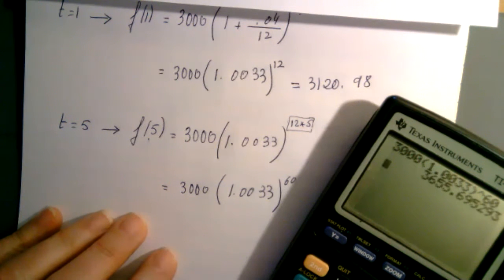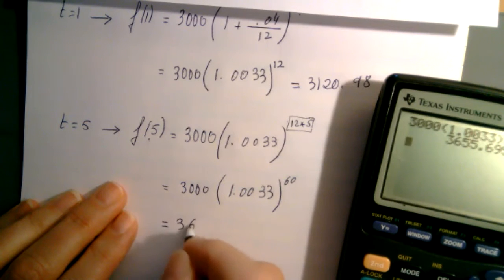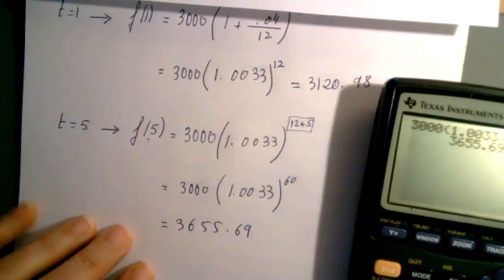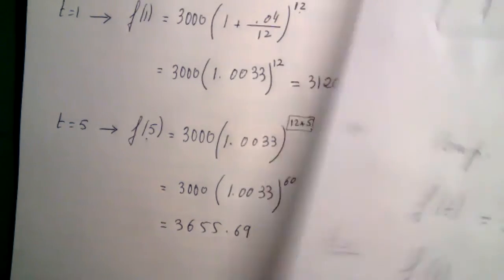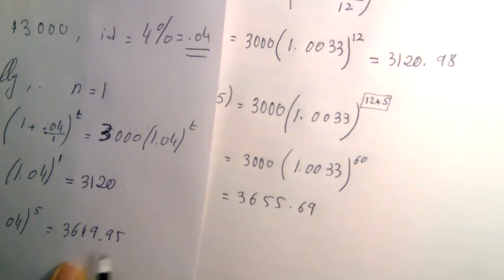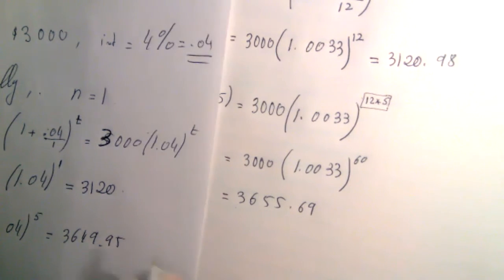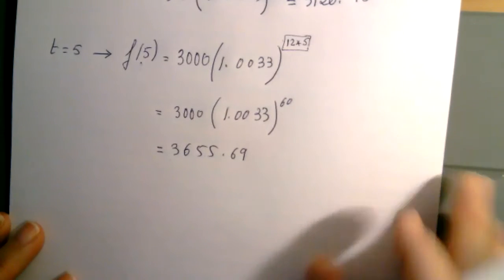So I'm getting 3,655.69, or 70 cents. It doesn't really matter. Now let us compare it a little bit with the annual. If we get less, it means we're doing something wrong. The annual, I got 3,649 and a few cents. Now 3,655, so like $5 extra. Okay? Questions?